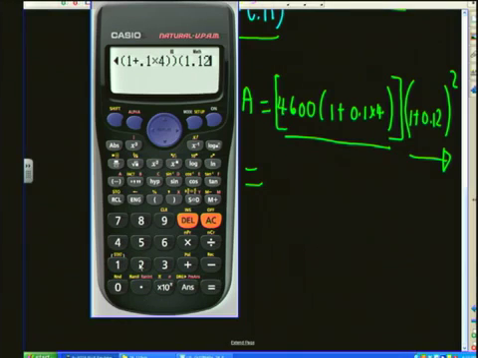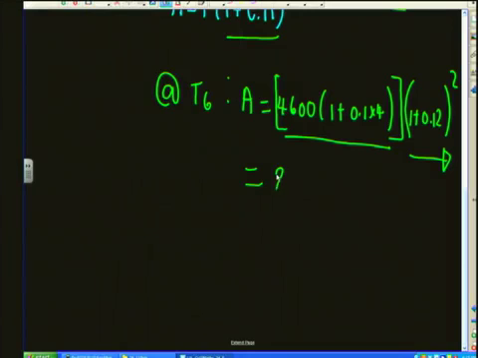All I've done there is I've added the 1 and the 0.12, and that's going to be to the power of 2. Okay, so our entire calculation in one step, and we get an answer of 8,078.34, if we round it to the nearest cent.